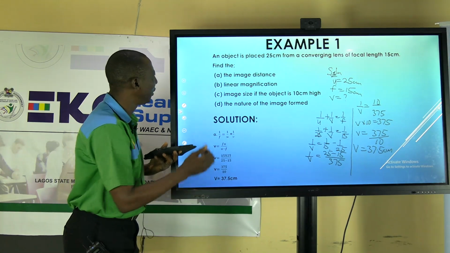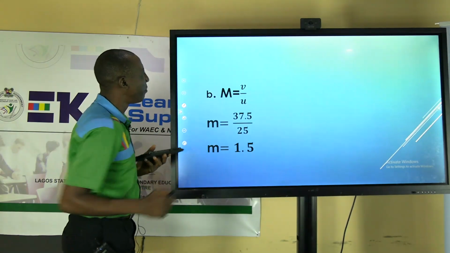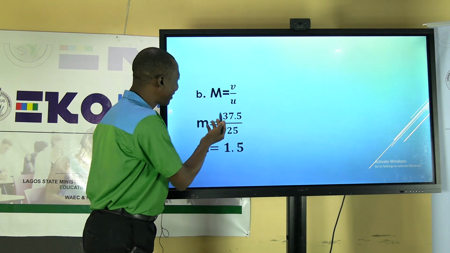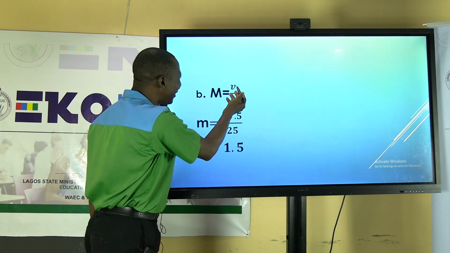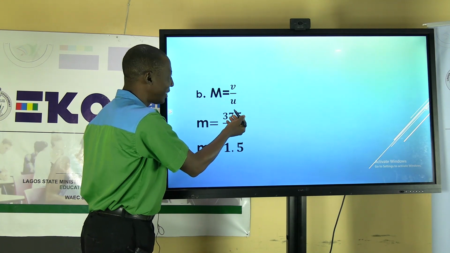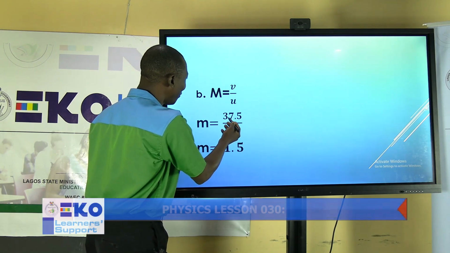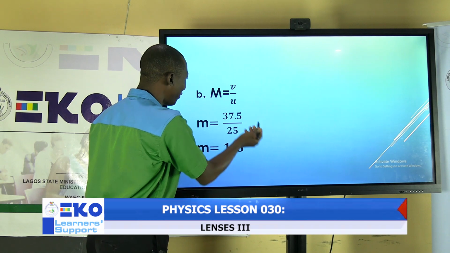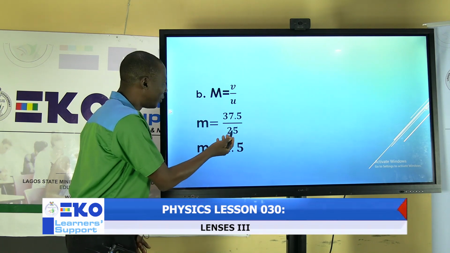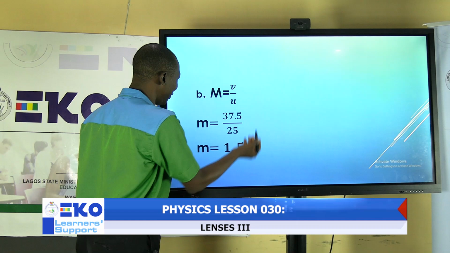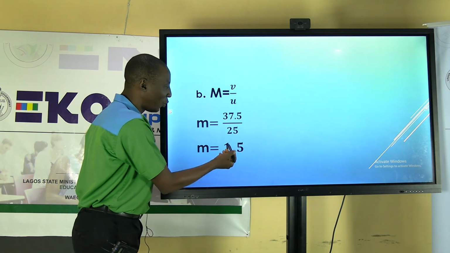We move on to B now, which is linear magnification. Magnification is image distance over object distance. From what we calculated, our image distance was 37.5 and the object distance given is 25. So magnification is the division, and the answer is 1.5.